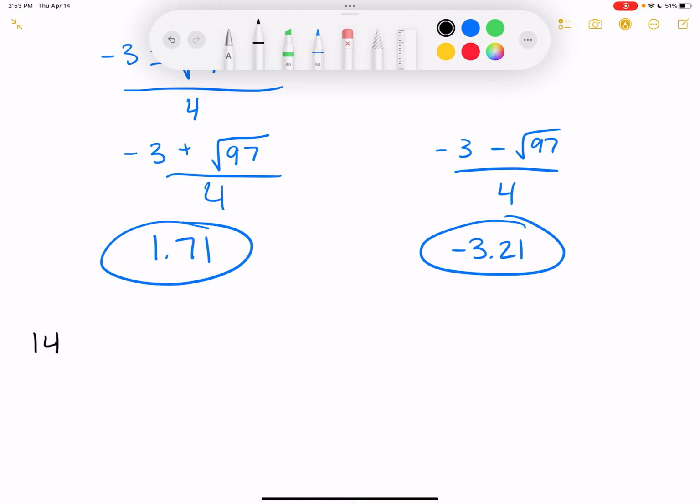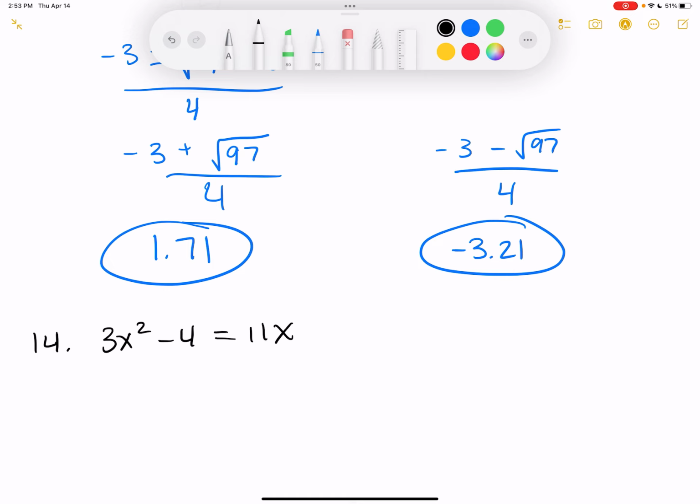So number 14: 3x squared minus 4 equals 11x. Now, if you forget basic rules of algebra in moving stuff left to right, right to left, then you're going to have a problem. I'm going to move everything to the left.